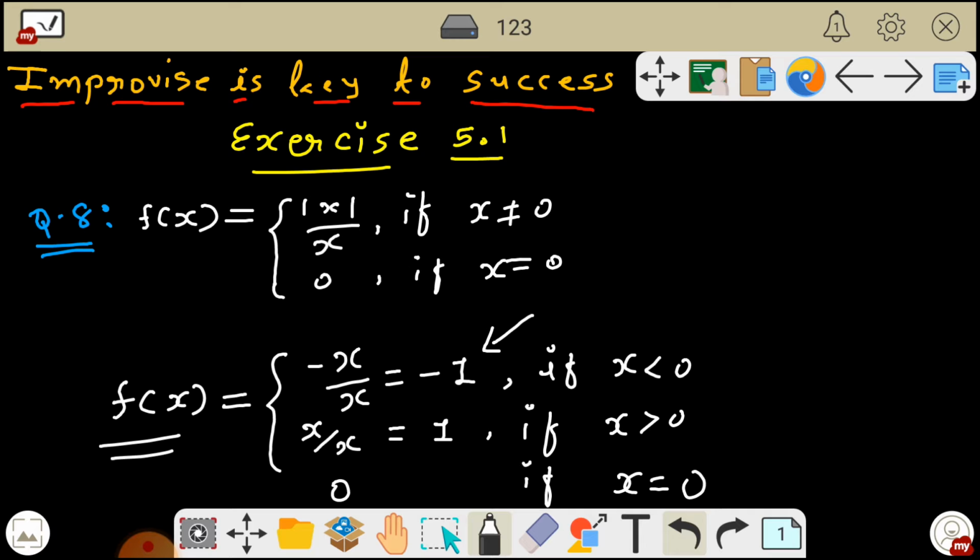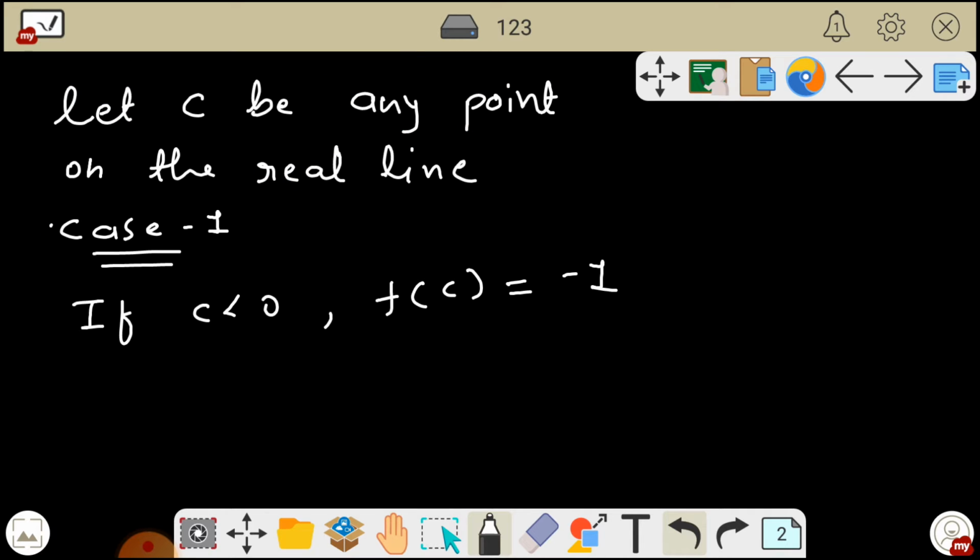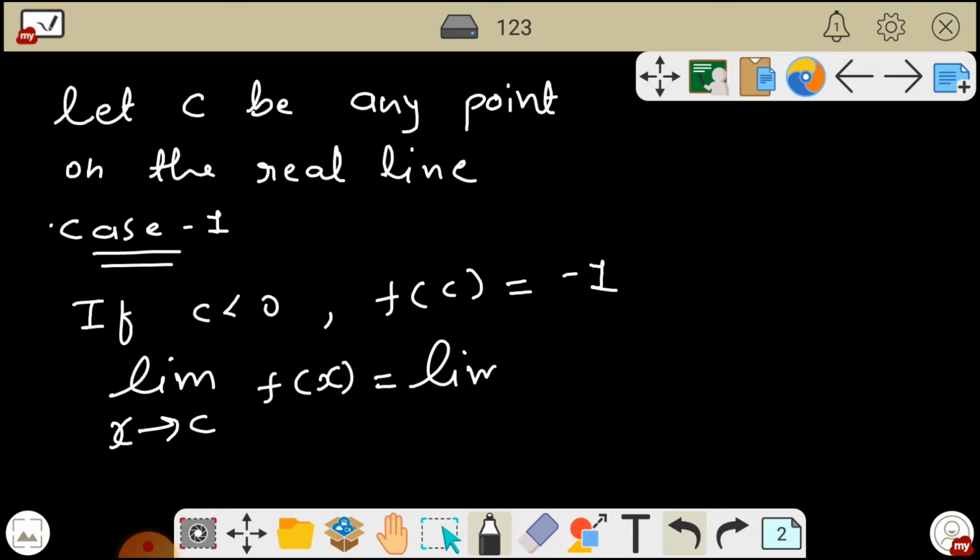Now let us find the limit. So limit x tends to C, f of x is equals to limit x tends to C of minus 1, which is equals to minus 1.